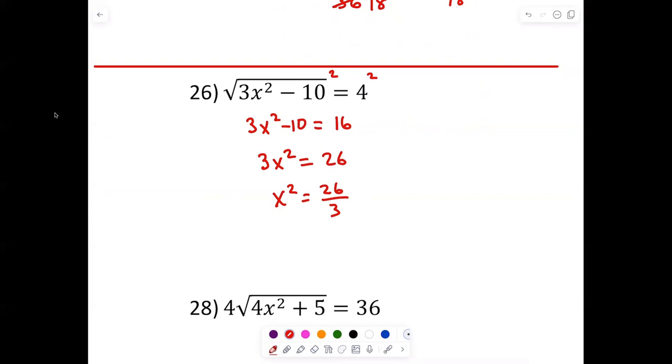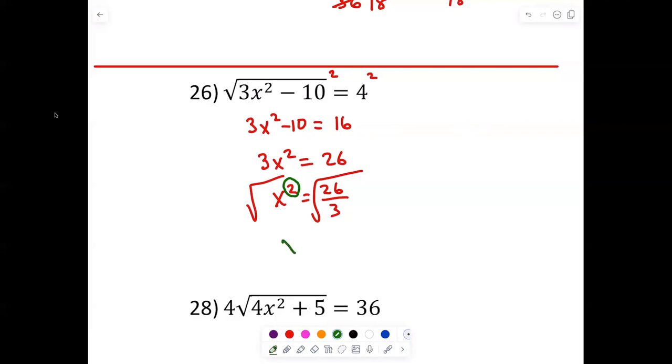Now, what is the inverse operation of a square? Square root. That is correct. So I'm going to take the square root of both sides. Now, when I take the square root, how many solutions are there, guys? Yes, we learned this, that when you have a quadratic, there are going to be two solutions.